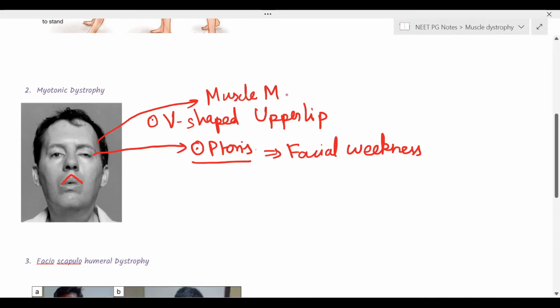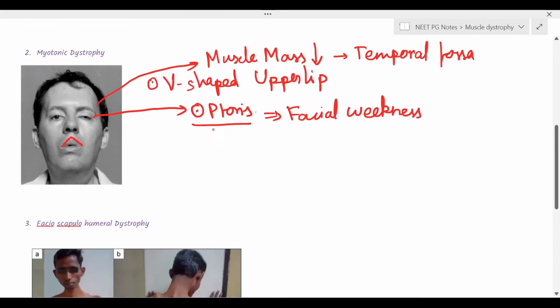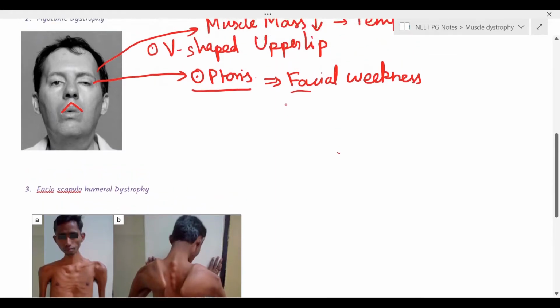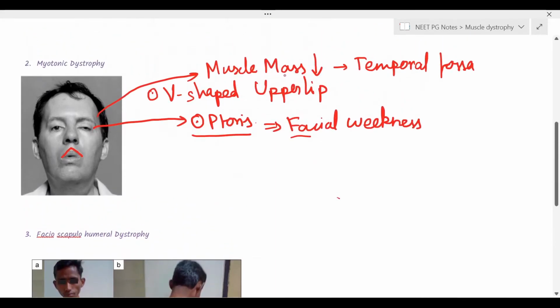This is one important finding here. So these are the three things. The first one is a V-shaped upper lip, then facial weakness, and after that we will be having a decrease in the muscle mass in the temporal fossa. So with this image itself, we have studied myotonic dystrophy.